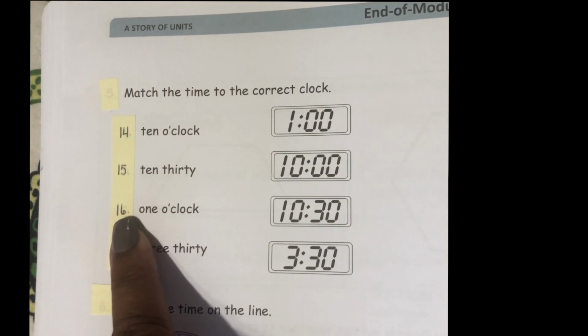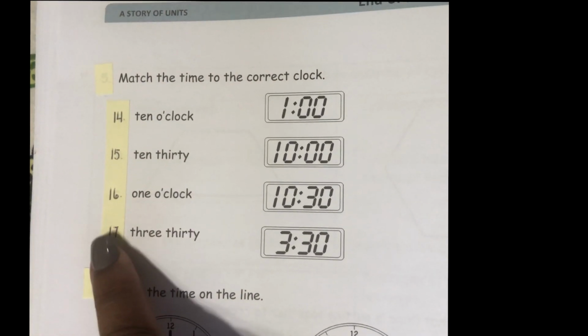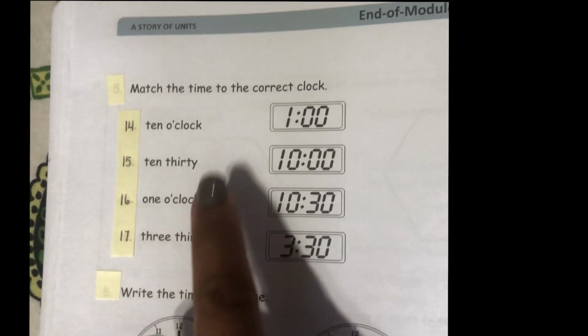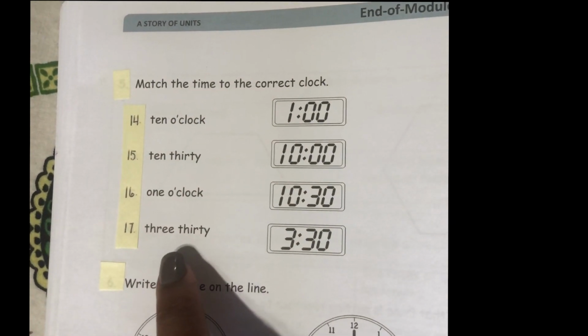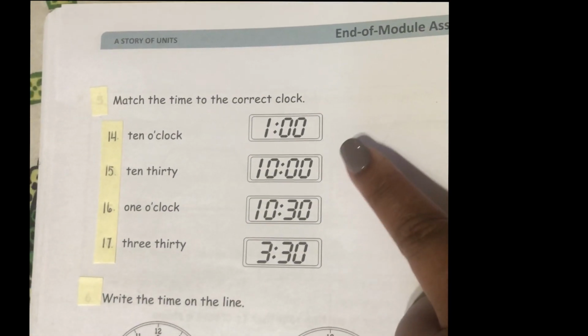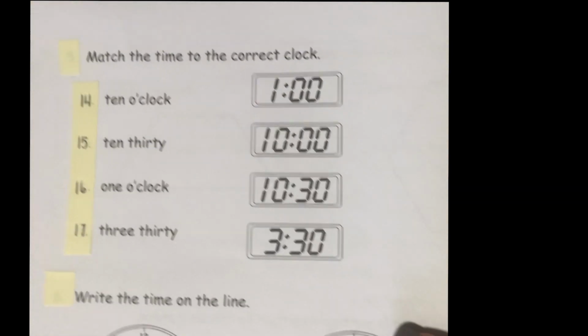Next to 16, write 1 o'clock. Next to 17, write 3:30. Once you copy that down, then I want you to move over and draw these 4 digital clocks, just as they are pictured here.